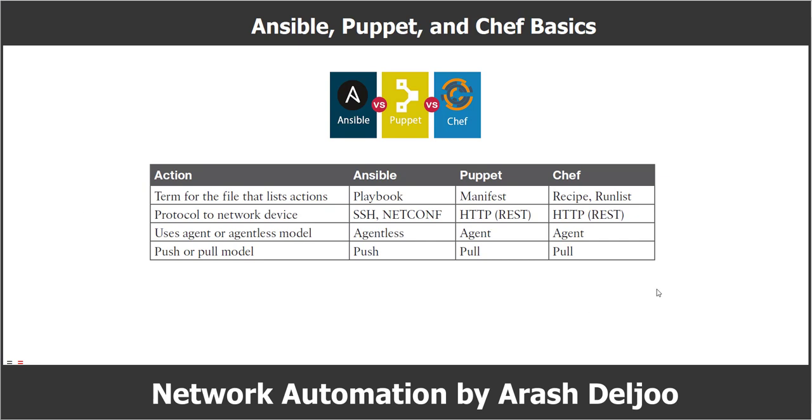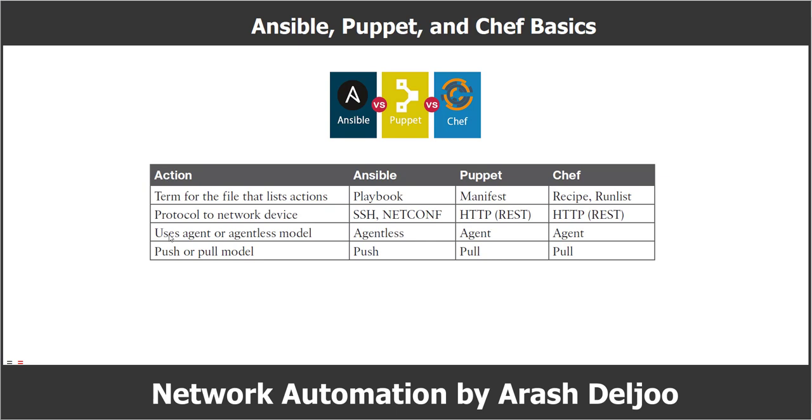Let me review. About the term for the file that lists actions: in Ansible, we have the playbook. In Puppet, we have the manifest. And in Chef, we have the recipe and run list. Protocol to the network device: in Ansible, we use SSH and NETCONF. In Puppet, we use HTTP. And in Chef, we also use HTTP.